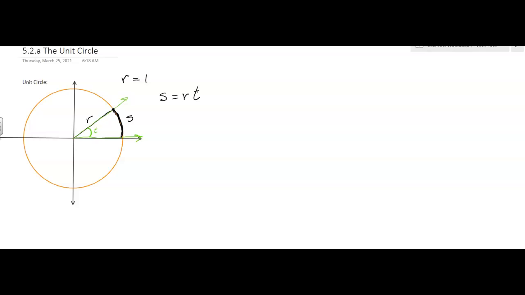That comes from how you find the length of an arc. t is the angle, measured in radians, and R is the radius. But R is just 1 because it's a unit circle, so you get S equal to t. So that arc length S has the same value as the radian measurement for that angle. That's where we're starting.